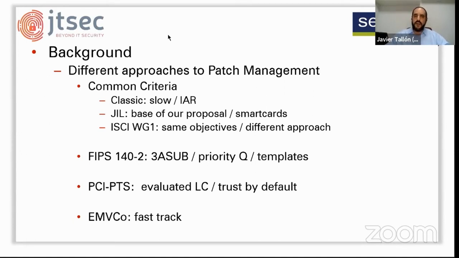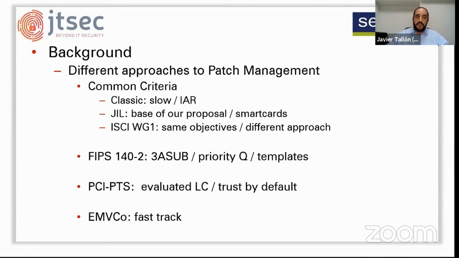After studying how this problem is handled in the different cybersecurity schemes, I reached the following conclusions. The first one is that we need to evaluate the capabilities of the TOEs to authenticate updates. The second one is that we need to somehow increment the assurance of the patch management and change control procedures through evaluation.